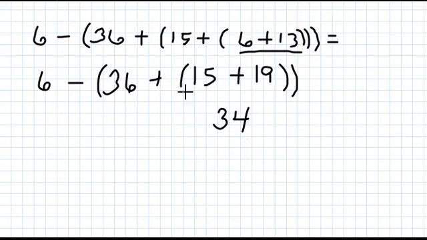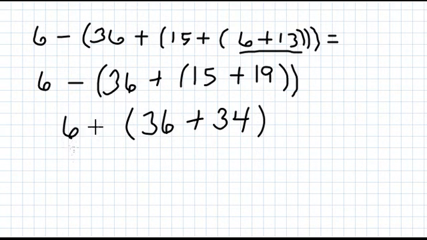And then we have this plus. So I'm going to go ahead and drop this parentheses here. Plus the 36. And the 6 minus. Okay, now we have the 36 plus 34. So let's see, 6 and 4 is 10. So that's a 100.